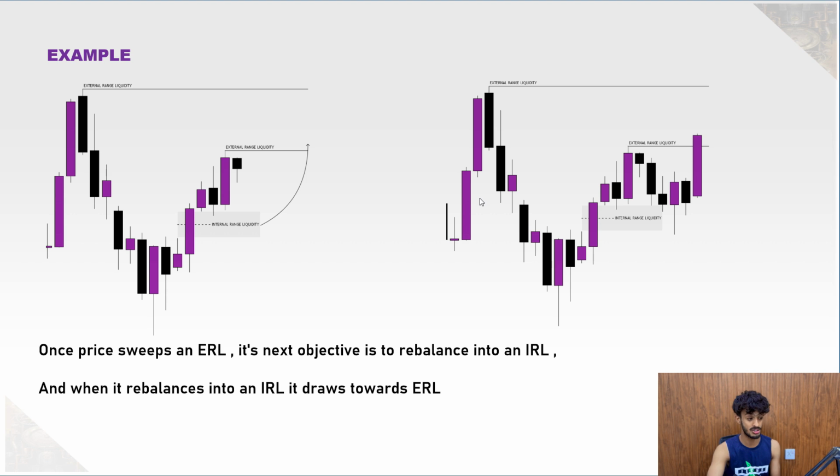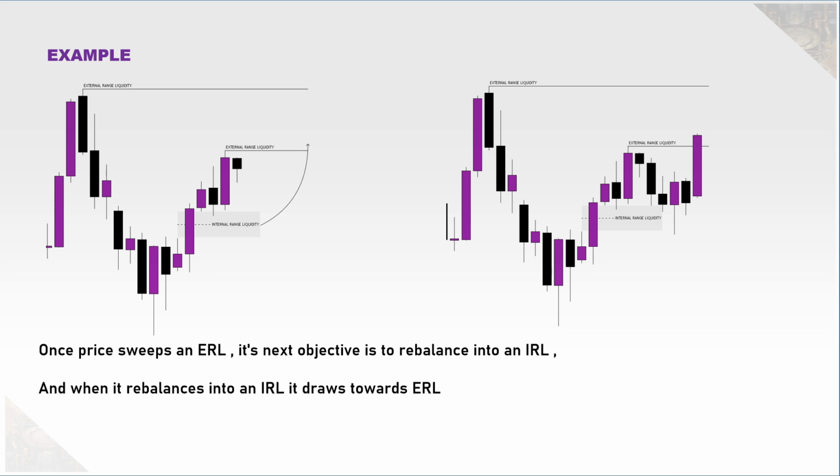It's towards the external range liquidity again. That's what we call internal range and external range liquidity. But I know that you haven't understood it until now, so we are going to the charts to understand it in more visible depth.